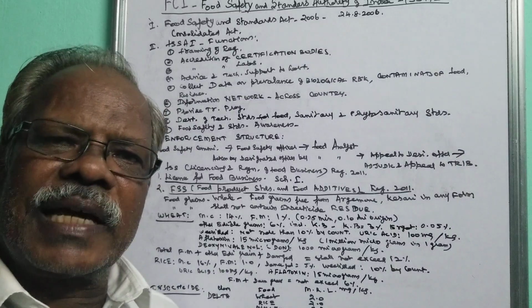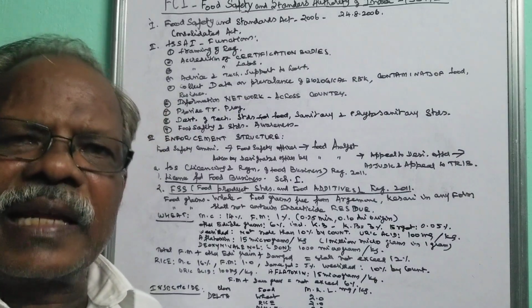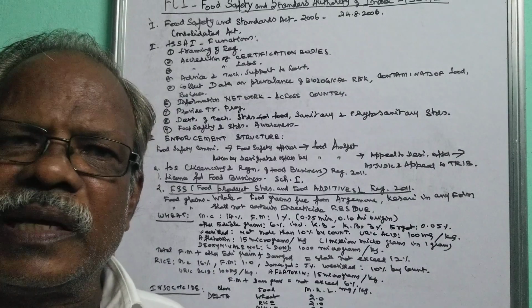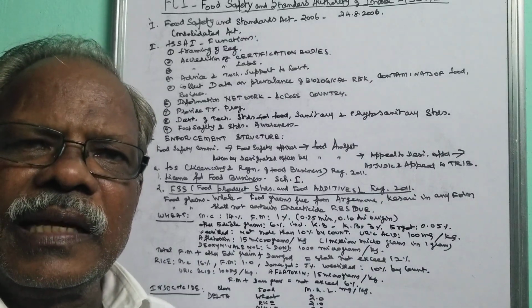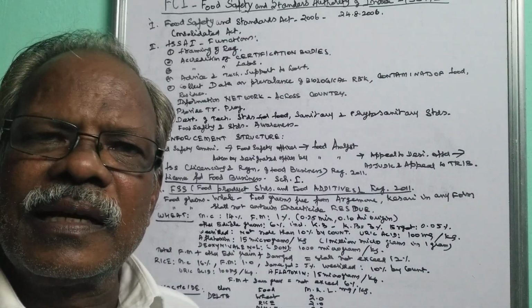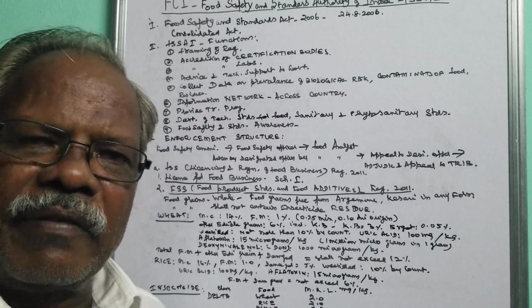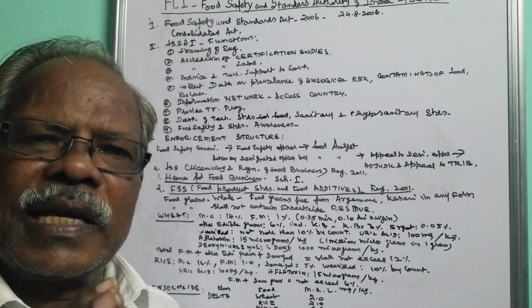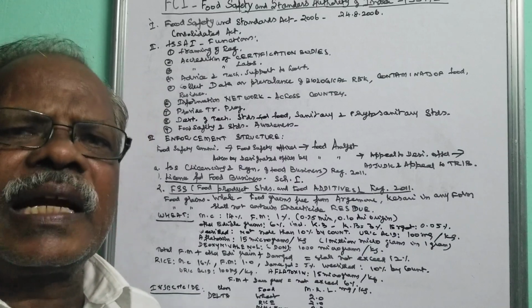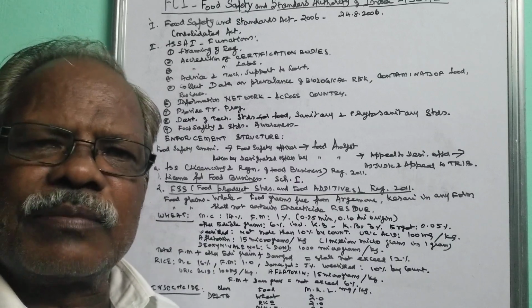So how is this identified? We take 1 kg of food grain, either wheat or rice, and it is pulverized into flour. We need not take even 1 kg, we can take 10 or 20 grams.